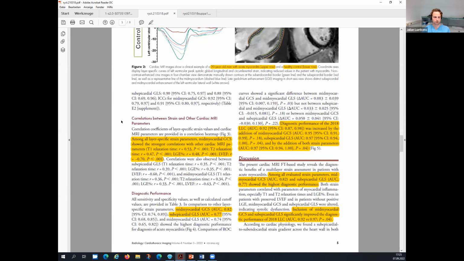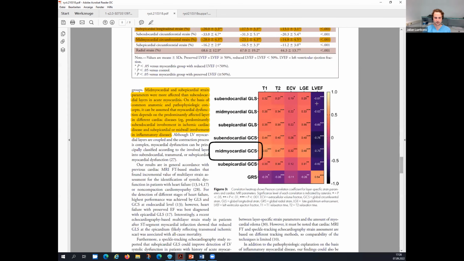We also looked for correlations between strain parameters and other cardiac MRI parameters, or other inflammatory cardiac MRI parameters. Here we found that among all layer-specific strain parameters, the mid-myocardial global circumferential strain showed the strongest correlation with other cardiac MRI parameters. This is what you can also see here on the heat map.